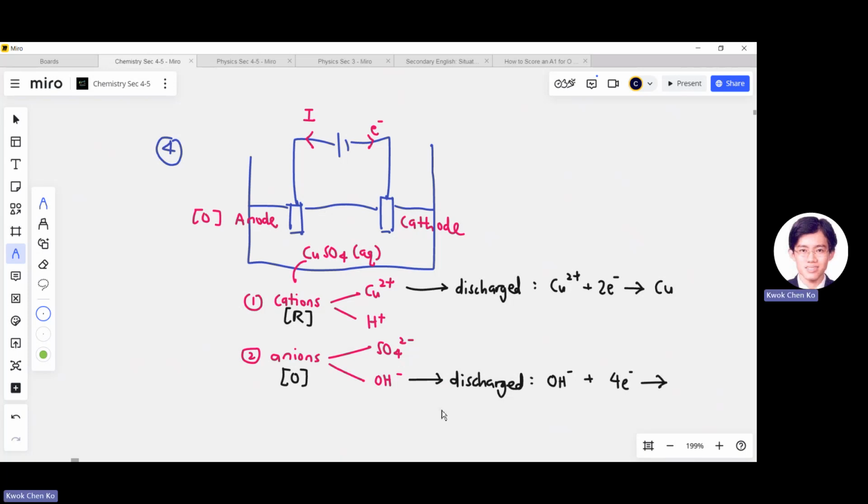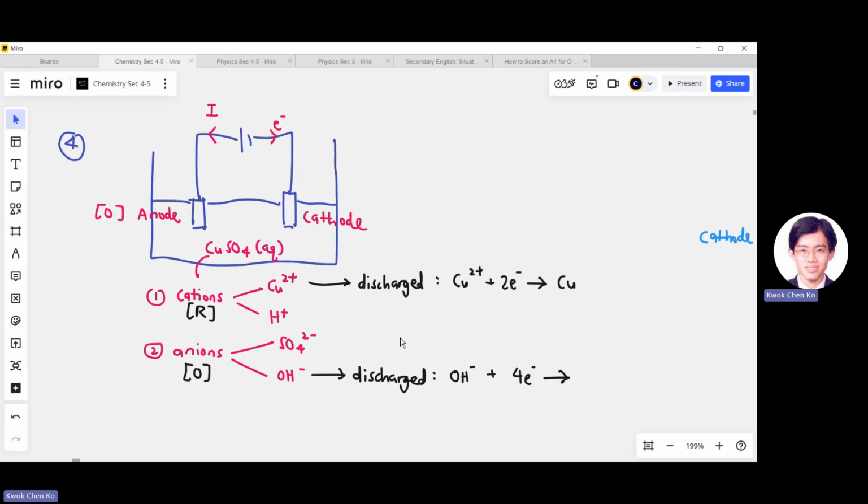Sabrina, what do you get when you discharge OH minus? You get oxygen. And how about the H? What happens to the H? No, you can't have both oxygen and hydrogen at the same time. You can only have oxygen and water.